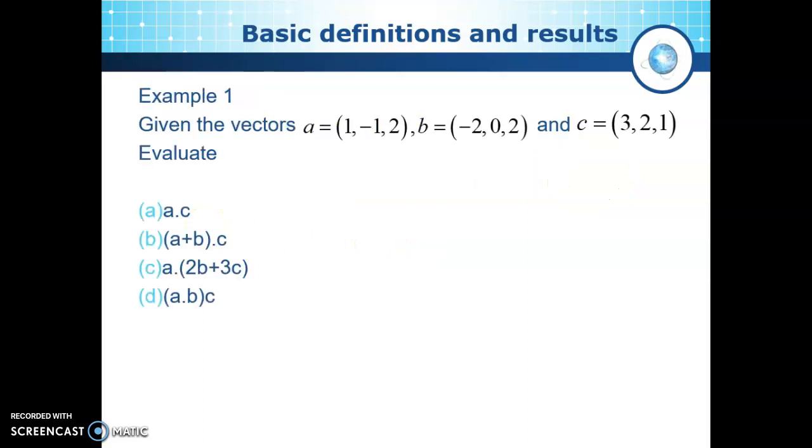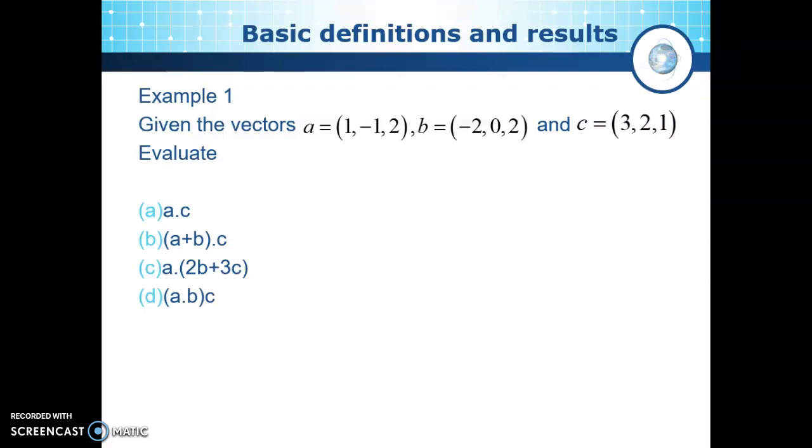So given the vectors A is 1, negative 1, 2, B is negative 2, 0, 2, and C is 3, 2, 1. Your job is to evaluate A dot C, A plus B dot C, A dot in bracket 2B plus 3C, and A dot B times C. So I think this is simple.